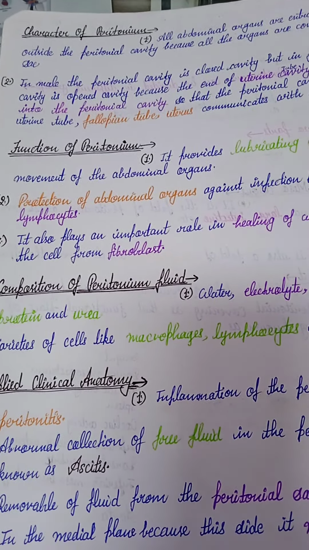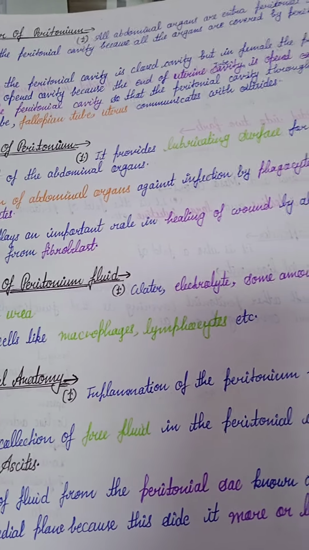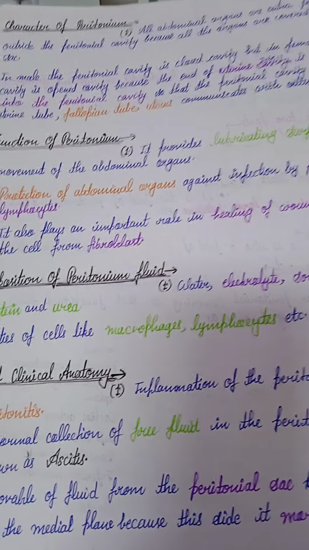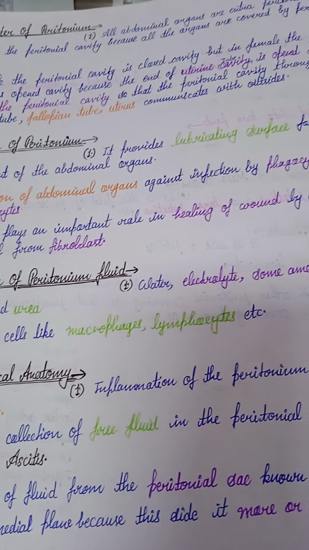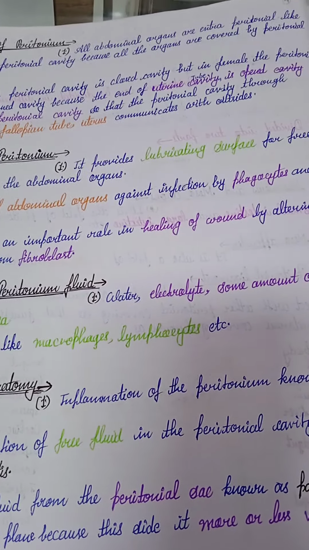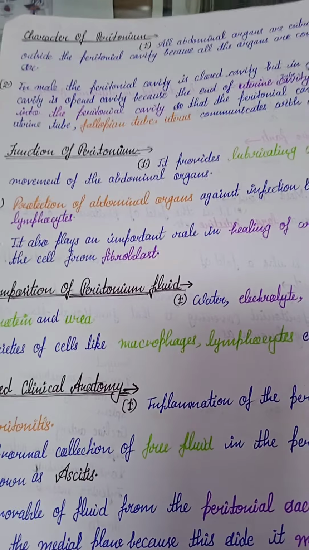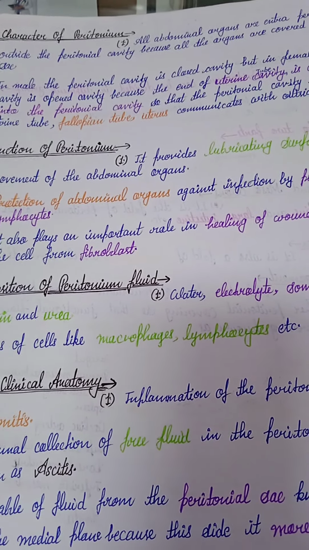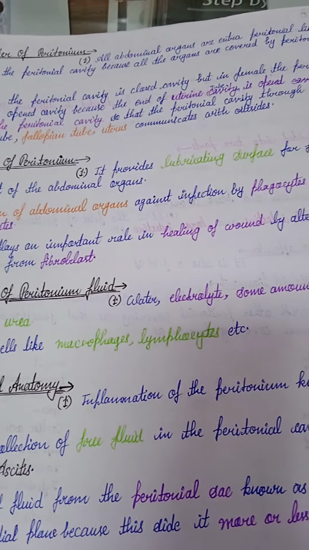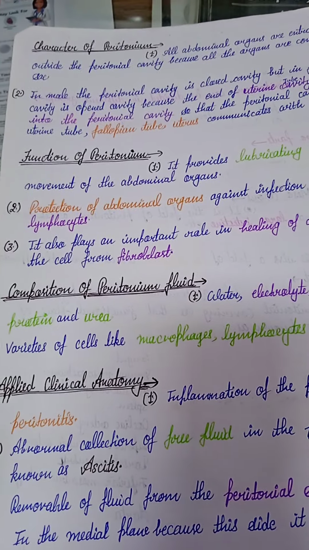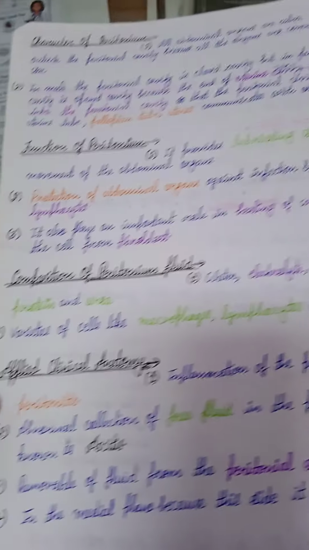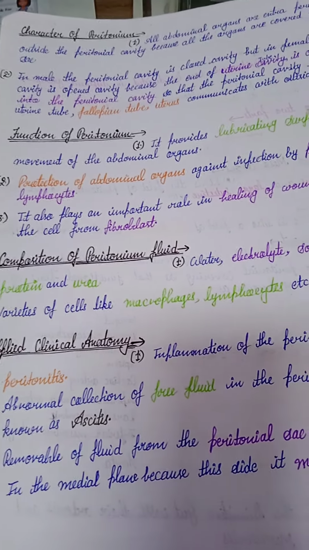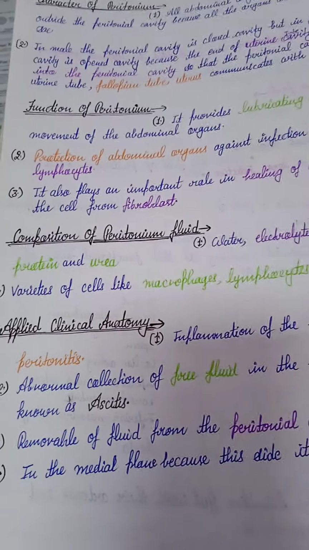In male, the peritoneal cavity is a closed cavity, but in female it is an open cavity because the end of the uterine tube opens into the peritoneal cavity, so the peritoneal cavity communicates with the outside through the uterine tube, fallopian tube and uterus.